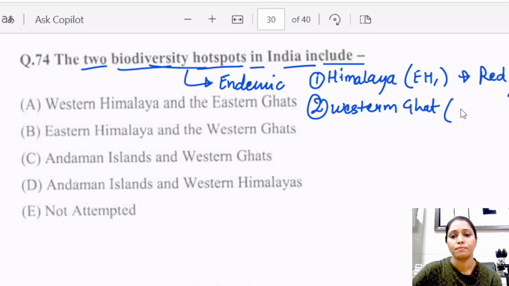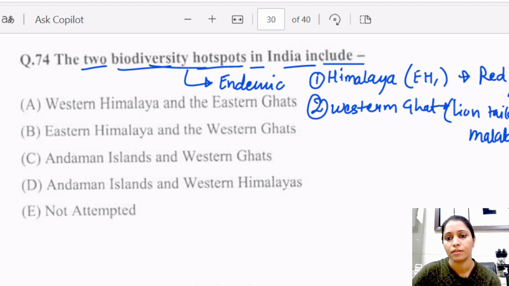And if we talk about the species present in this region, lion-tailed macaque and Malabar civet. Please try to search these animals on Google so you have an idea.